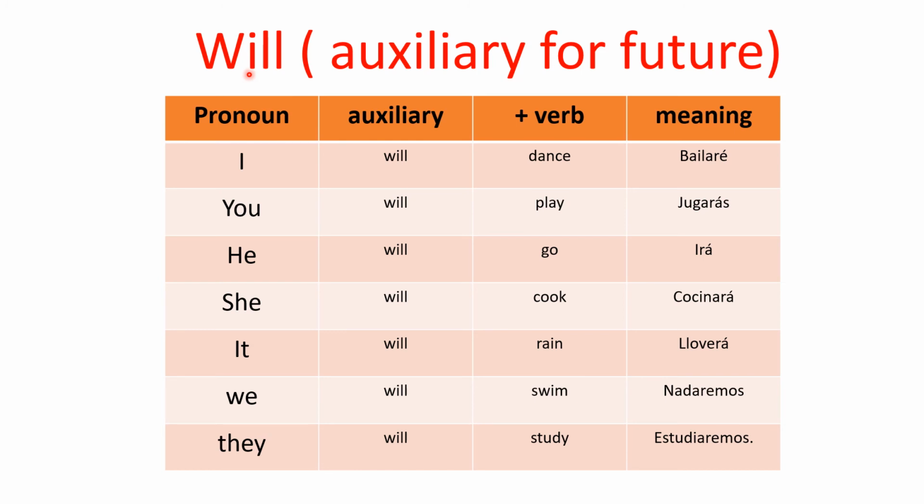Now let's continue with the auxiliary will. Will is not a verb. No es verb. It's an auxiliary for future. If I put the auxiliary here, it changes. I will dance. The meaning is here in Spanish. You will play. He will go.